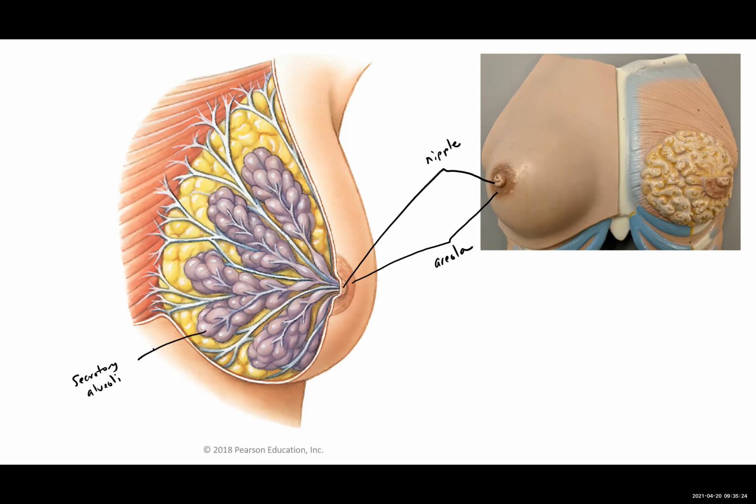And we can see that the alveoli make a collection that we can call a lobule. We see each alveolus has a lactiferous duct. And the lactiferous duct feeds into the lactiferous sinus.